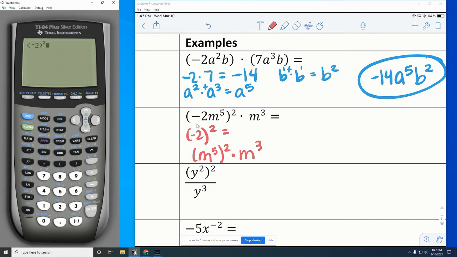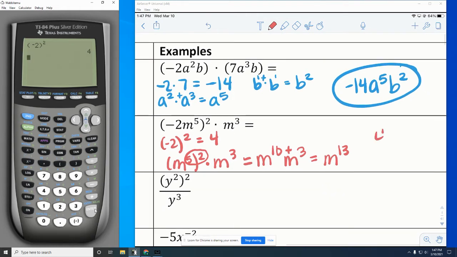A big number -2 with a little 2, and that equals out to a 4. For my m's, I'm going to multiply these because they are right on top of each other. But then with the m to the 3, there's just enough room for addition, so we're going to add them. So we end up with 4m to the 13.